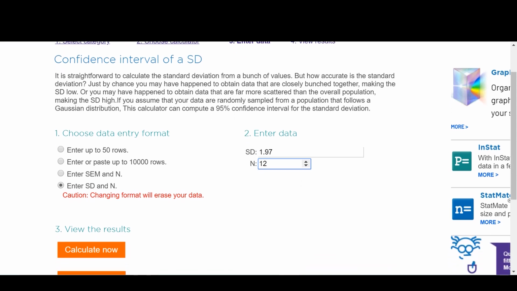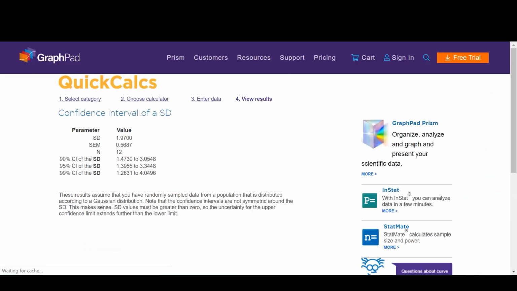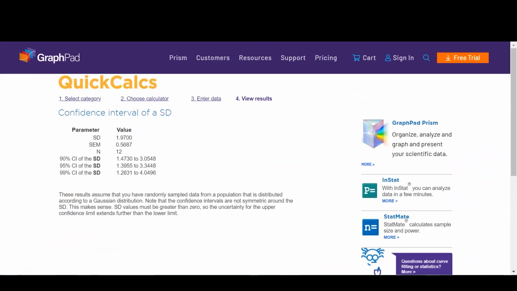Let's calculate now. In our case, we're looking for a 99% confidence interval, correct? So that means we are looking at this interval here. That gives you the lower bound and the upper bound for the standard deviation. So let's copy those over.